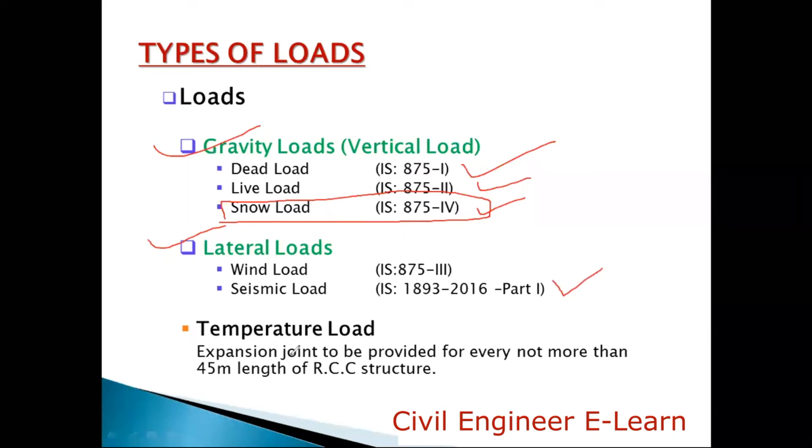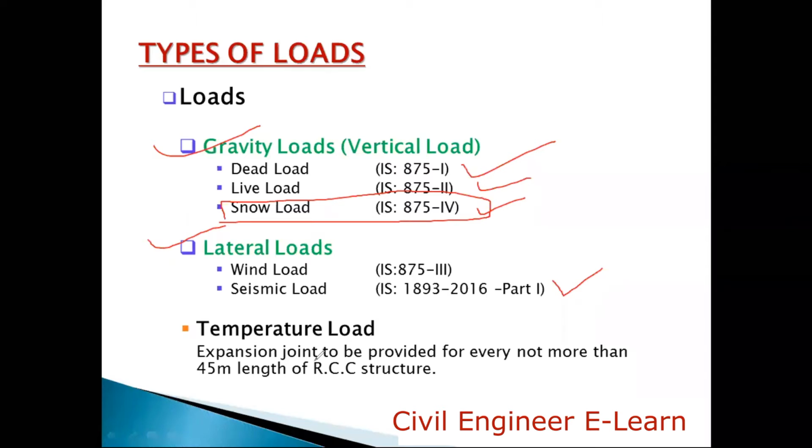When a structure's length is more than 45 meters, either we can create an expansion joint to avoid considering temperature loads, or otherwise we have to consider temperature loads when we don't want expansion joints.